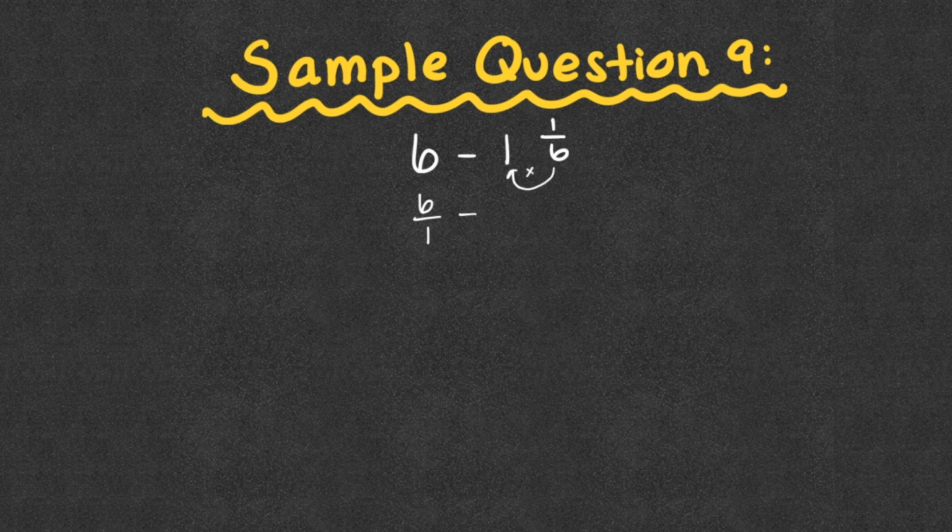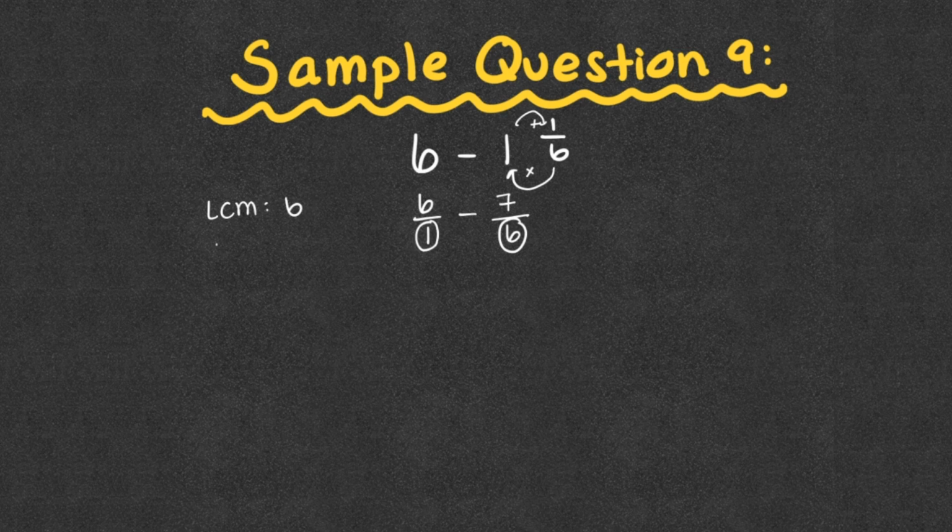6 times 1 is 6, plus 1 is 7. So we do it by 7/6. Whenever you have a denominator of 1 and the other one is 6, your LCM is just going to be whatever the other number is, which is in this case 6.